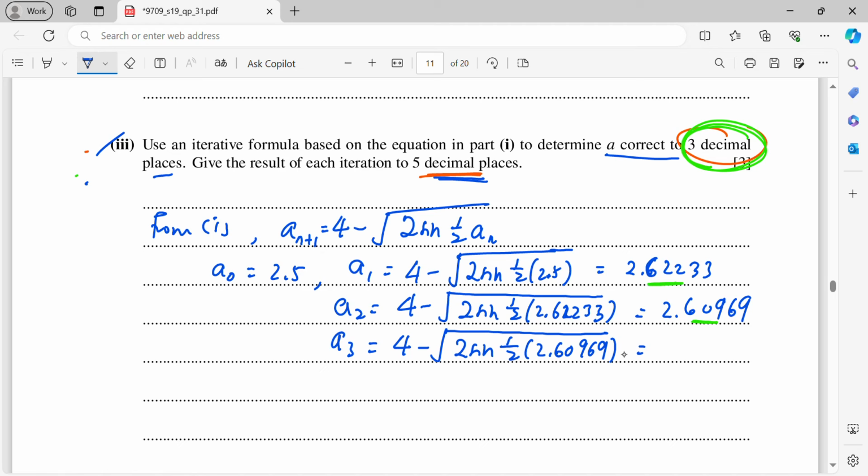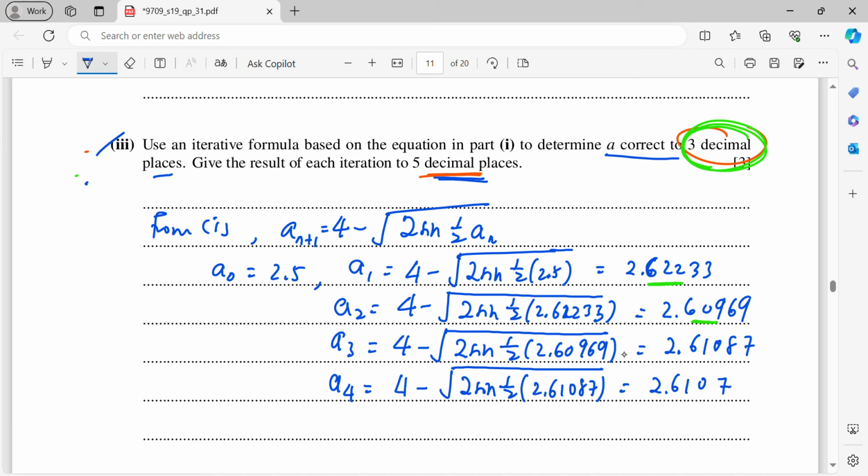Then this is going to be 2.61087. So a4 is 4 minus square root of 2 sine half of 2.61087, and this is going to be 2.61076.